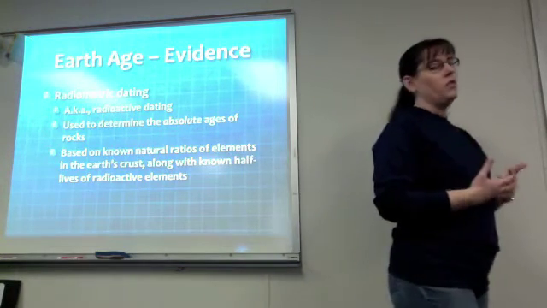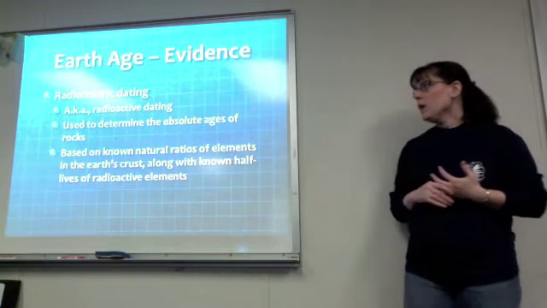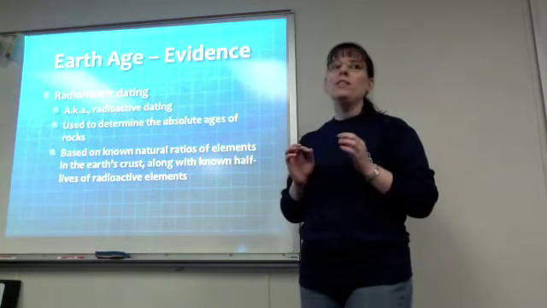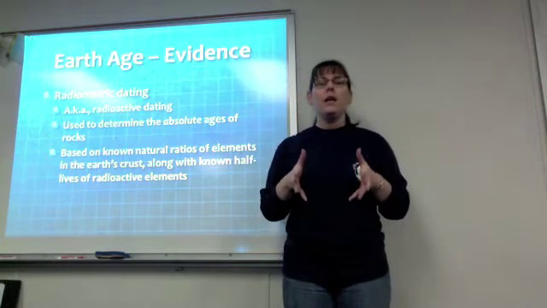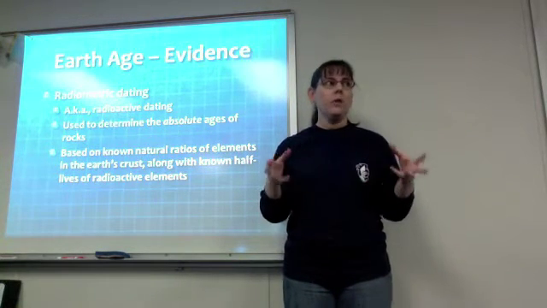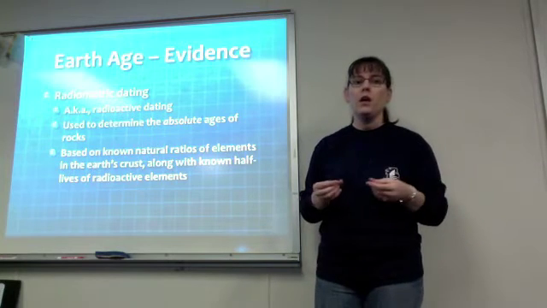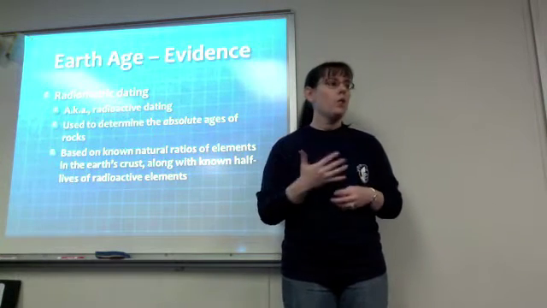So it does try to put some numbers on the age of things, okay? It's based on the known natural ratios of elements in certain rocks, in certain minerals, okay?